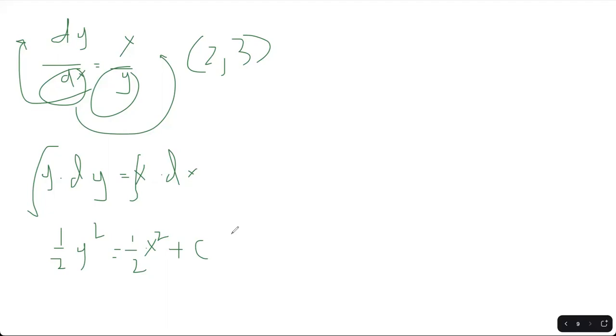Now, what about inseparable differential equations? dy dx is equal to x minus y. It looks fine. You just add y to both sides and then multiply by dx. Yeah, but if you add y to both sides, you'll get y plus dy dx is equal to x.